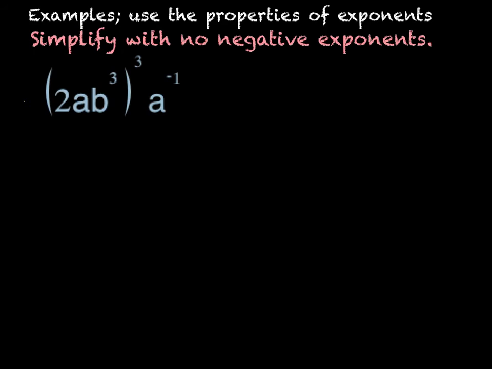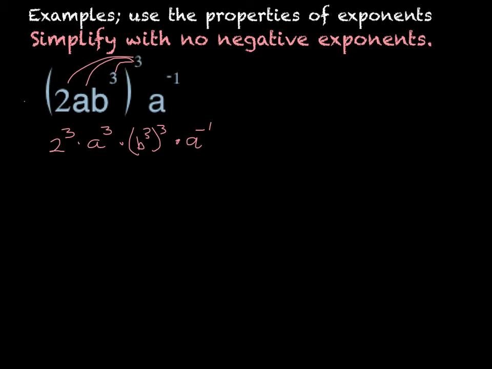And the last example here, 2ab cubed, all of that cubed, times a to the negative 1. So the first thing I'm going to deal with is putting in my power to get rid of my parentheses. So what that is going to do for me is 2 cubed times a cubed times b cubed cubed, and then times my a to the negative 1.